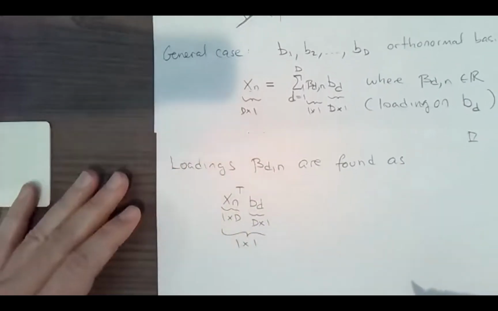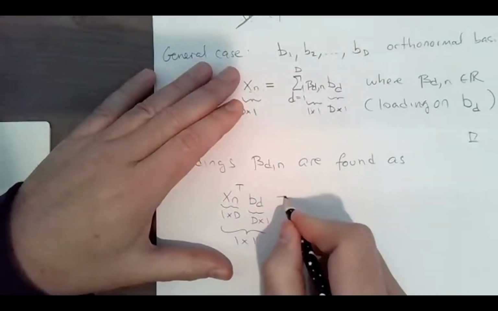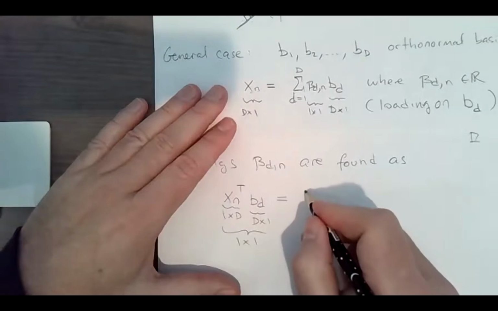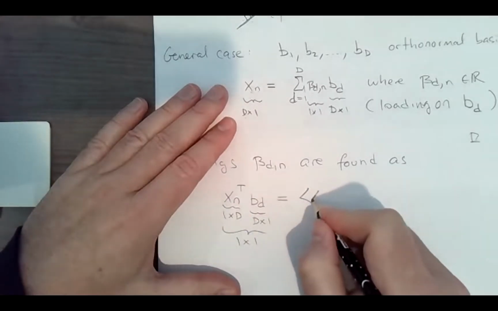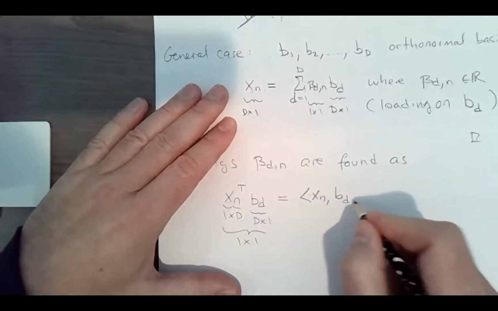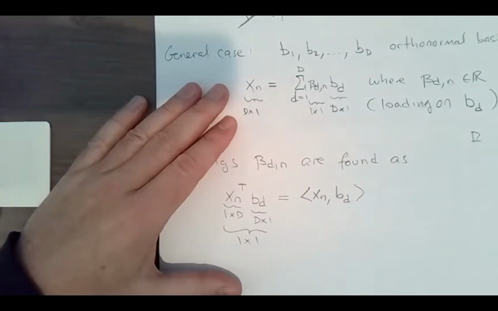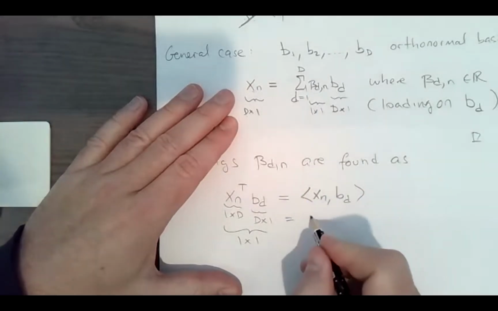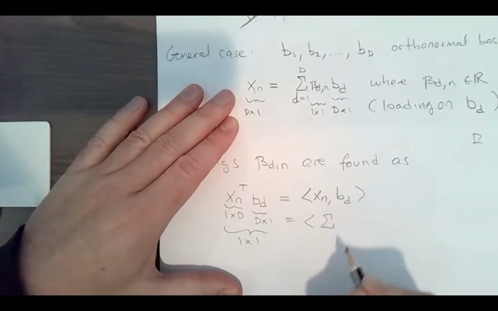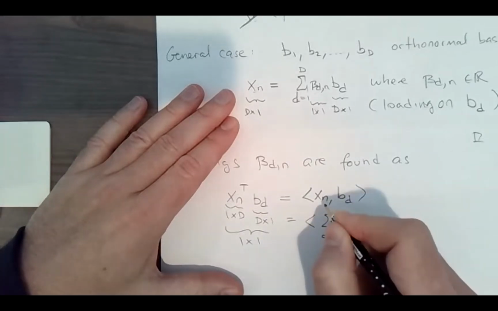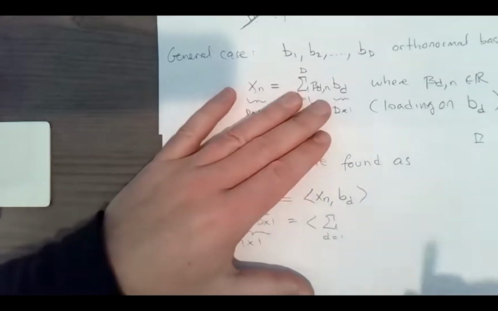And that's going to be my beta, hopefully. So let's work out what it is. This is the inner product between xn and bd. So we plug in what xn is. This is the sum from d equals 1 to, maybe I shouldn't use d here.